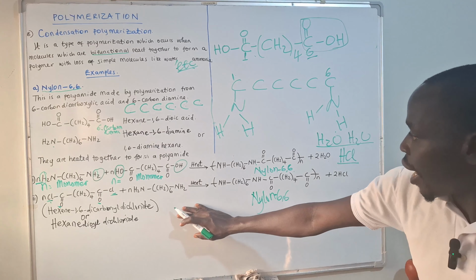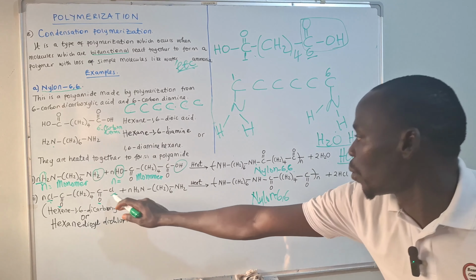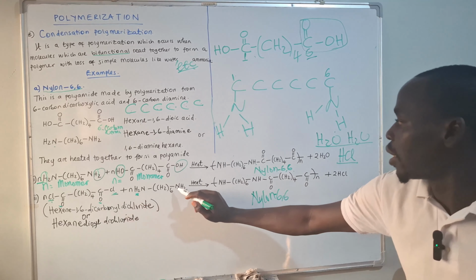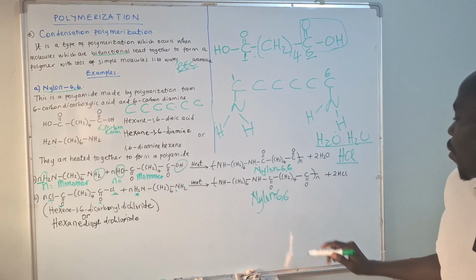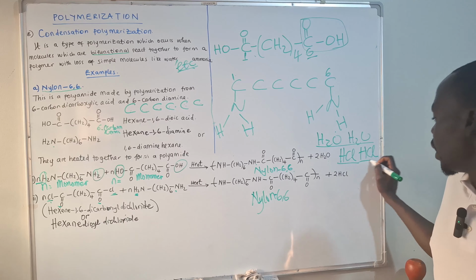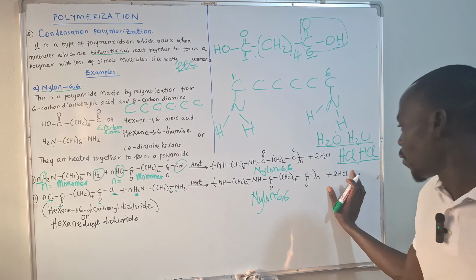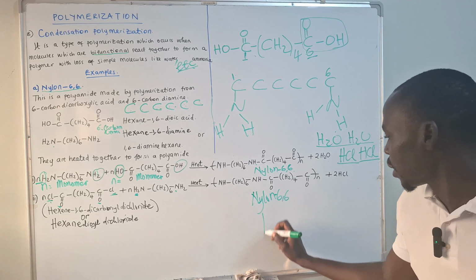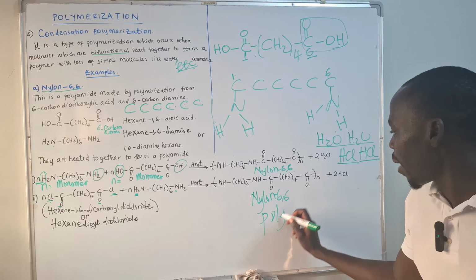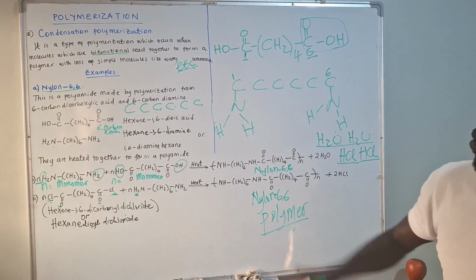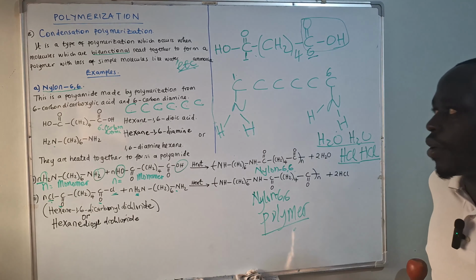Then another chloro group will also come and combine with another hydrogen from here, and they form another hydrogen chloride. So these two of them combine and we put them here, and the product formed here is what we call nylon 6,6, and it is a polymer. The polymer is formed by what we call addition, condensation polymerization.